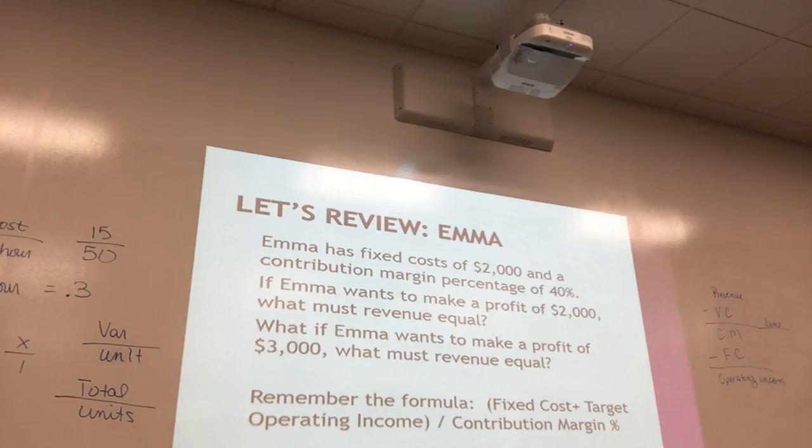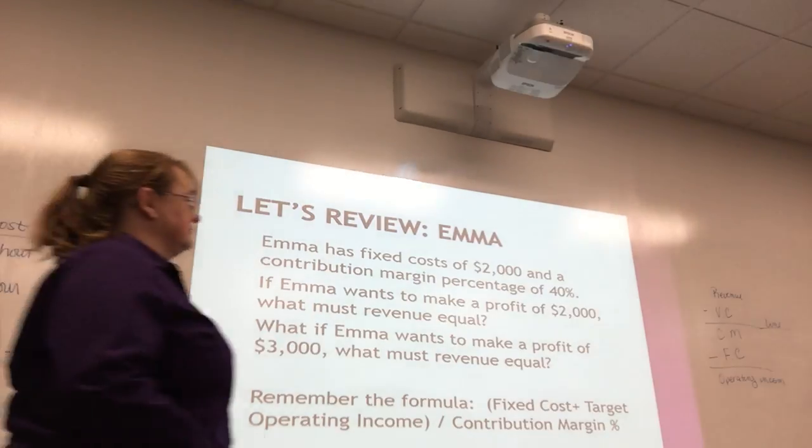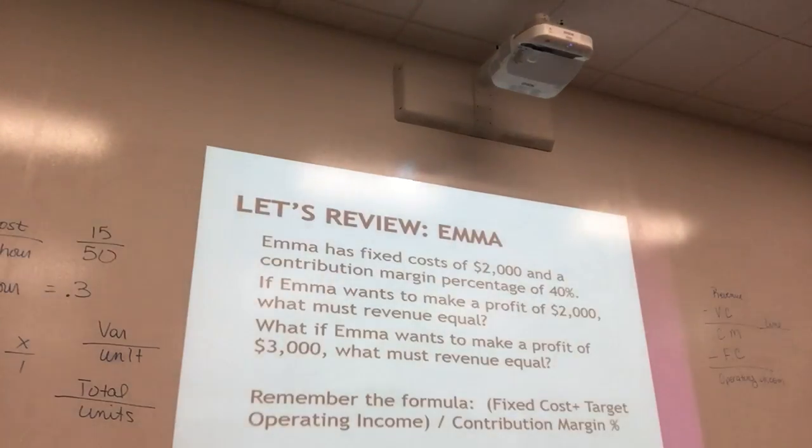All right, so how do I set this up? I'm going to take my fixed cost. I have to cover my fixed cost first, plus the amount of income I want, divided by my contribution margin percentage of 0.4.